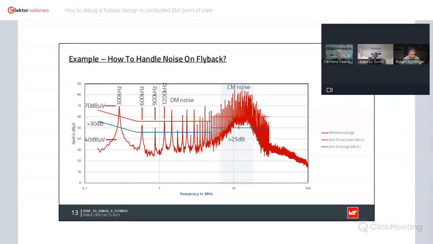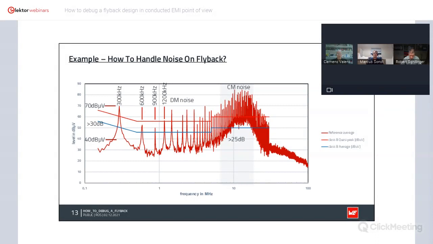What we can see here is the 300 kilohertz as the first peak, up to 70 dB microvolt. It's the average value, and the average class B borderline for this would be at around 50 dB microvolt.